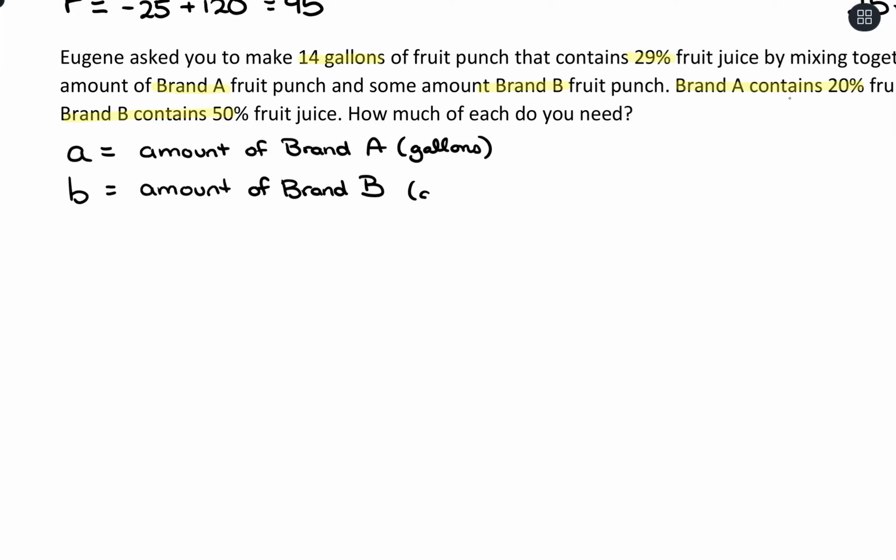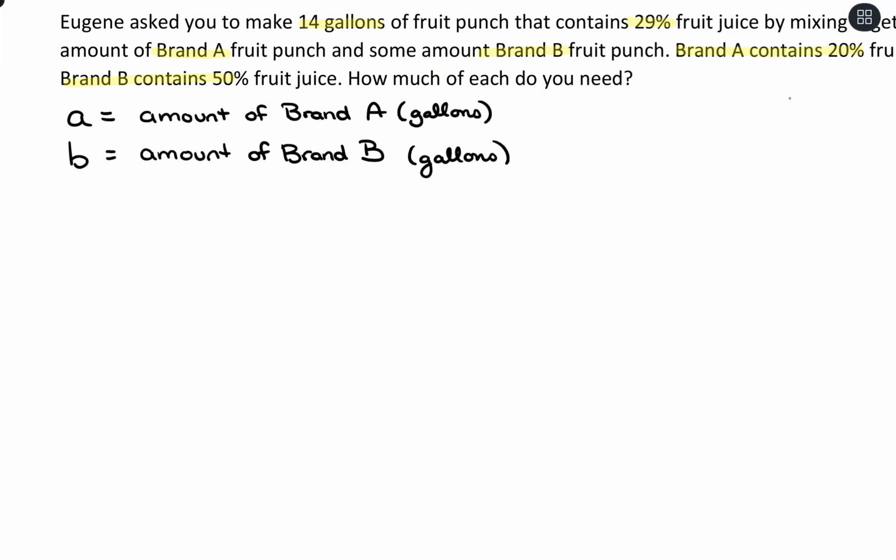I find the units can help a lot, especially when organizing the system of equations, just knowing your units on the variables you're solving for. So we're making a total of 14 gallons. So that amount of A, that amount of B added together is going to give us 14 gallons.